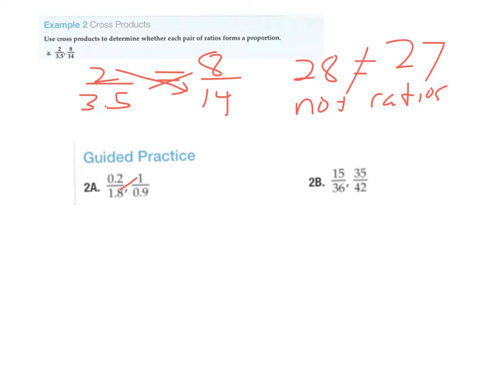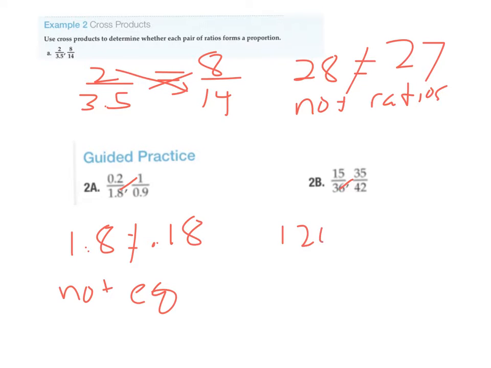If I cross multiply, 1.8 times 1 is 1.8, and 0.2 times 0.9 is 0.18. They're not equal, so those two are not equivalent. Now let's take 36 times 35, and we get 1,260. Then I take 15 times 42, and I get 630. So they're also not equal, not equivalent.